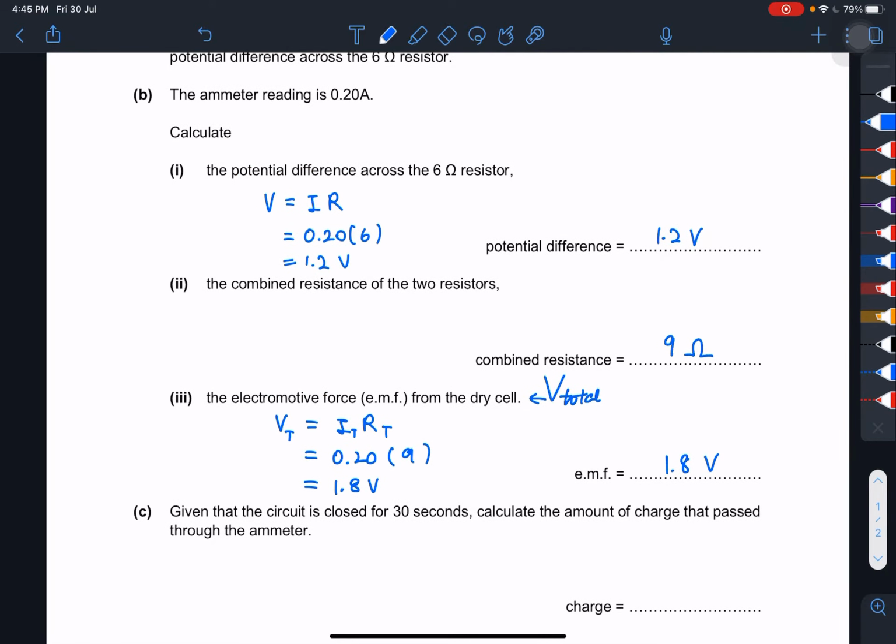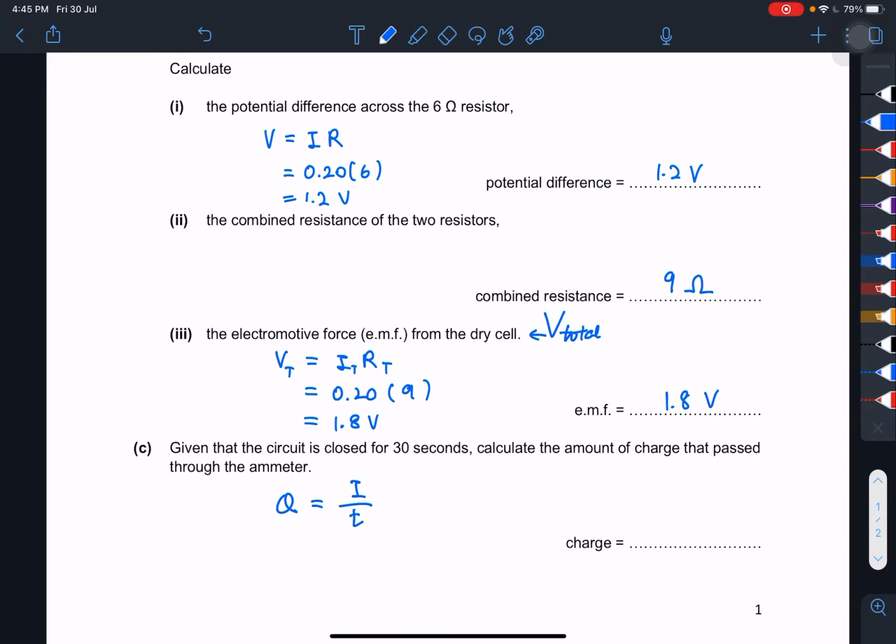Now then, given that the circuit is closed for 30 seconds, calculate the amount of charge that passed through the ammeter. So here we will need to make use of the charge formula. Charge Q equals current I over time T. So current that we measured was 0.20 ampere, time 30 seconds. So 0.2 divided by 30.